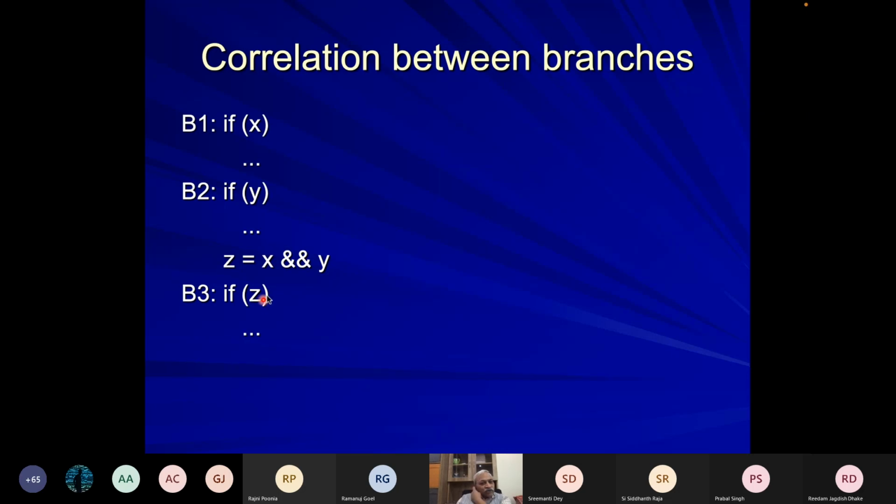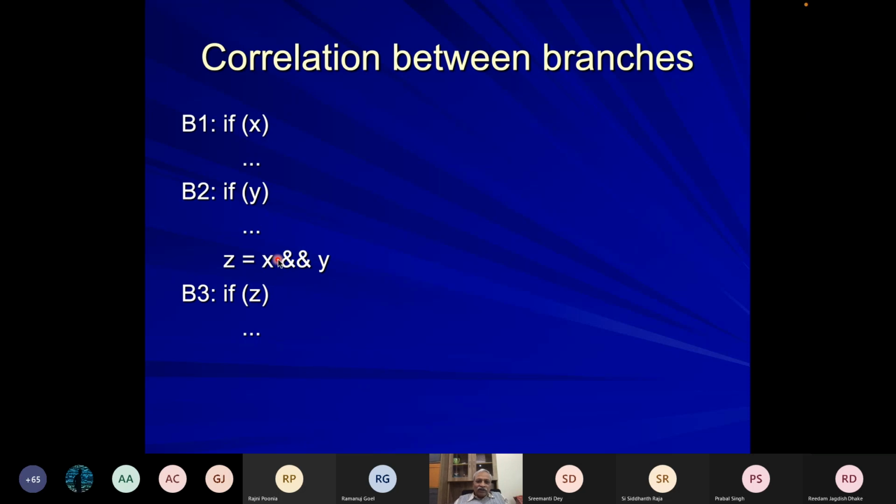So imagine that you have come to this point via some path. These branches may have been taken, may not have been taken, but depending upon whether branch was taken or not, you know whether X was true or false, whether Y was true or false. If that is known, Z would be dependent upon that. So when you are evaluating Z, you know something about it.